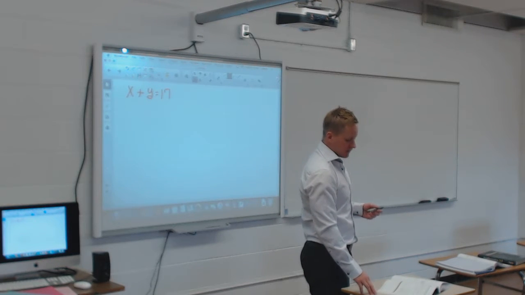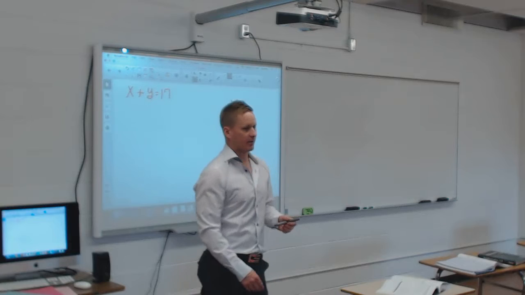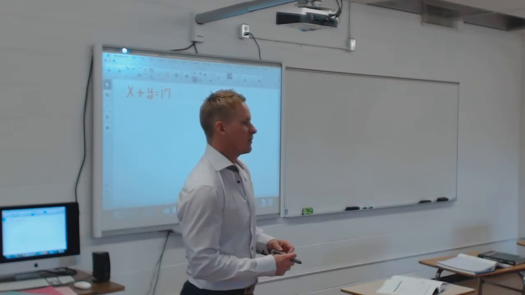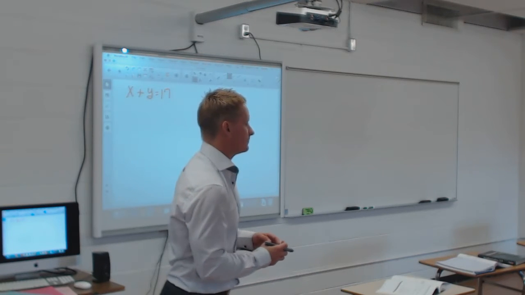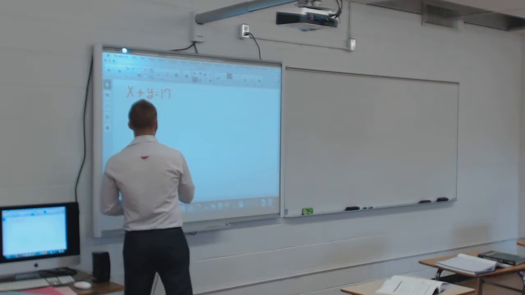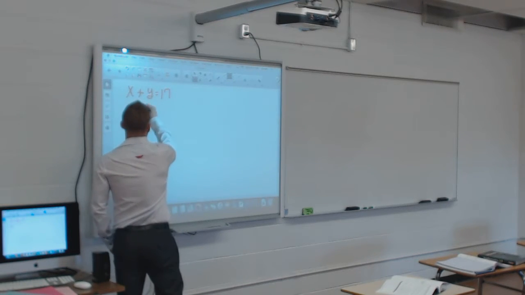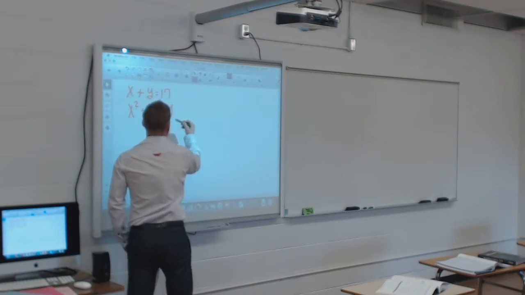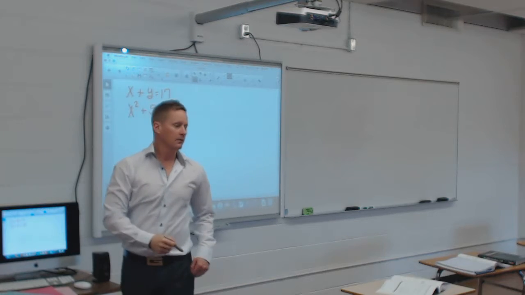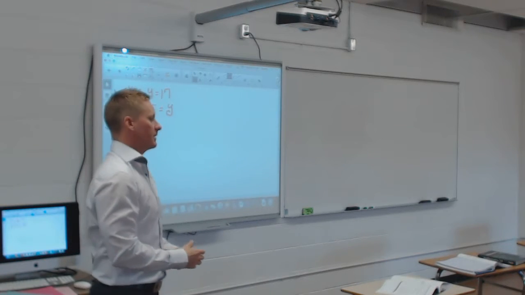The square of the first number plus 5 equals the second number. So how do I write that? The square of the first number plus 5. So x squared plus 5 equals y. X squared plus 5 is equal to y. There's the hard part.